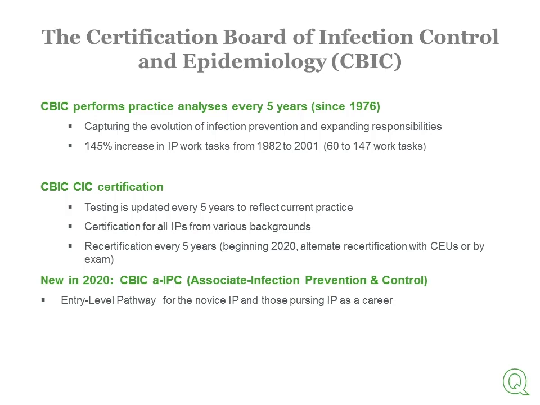CBIC, or the Certification Board of Infection Control and Epidemiology, began performing practice analysis for infection prevention in 1976, and they continue to analyze the practice every 5 years to capture the current IP practice. It's interesting to note that between 1982 and 2001, CBIC analysis found that infection prevention work tasks had increased by 145%, from 60 work tasks to 147.